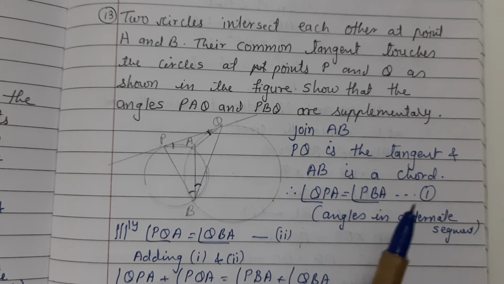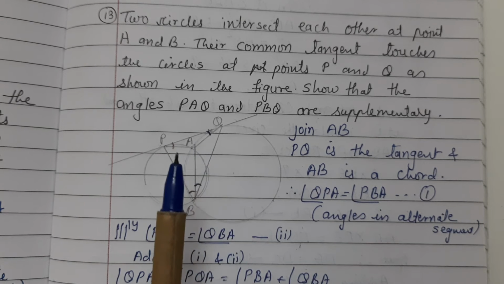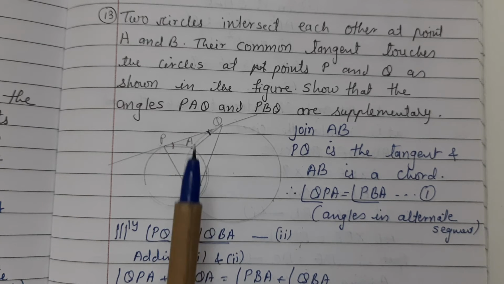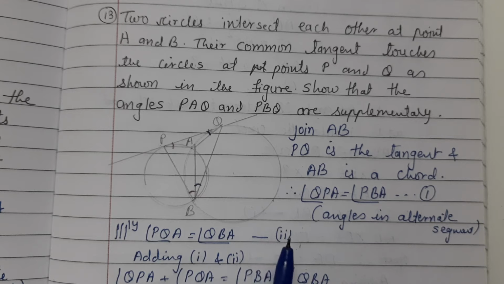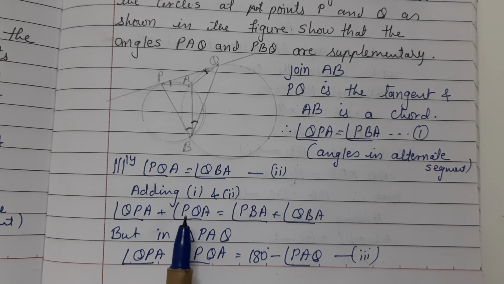Let that be equation 1, angles in alternate segment. Similarly, angle PQA is equal to angle QBA. Let that be equation 2. Adding 1 and 2, we get angle QPA plus angle PQA is equal to angle PBA plus angle QBA.